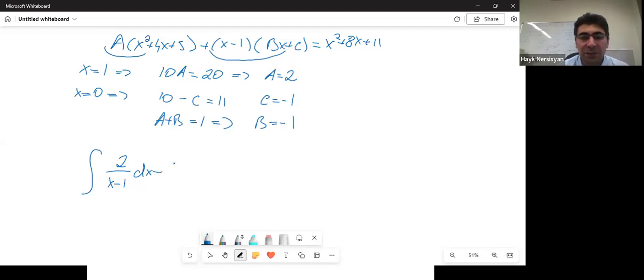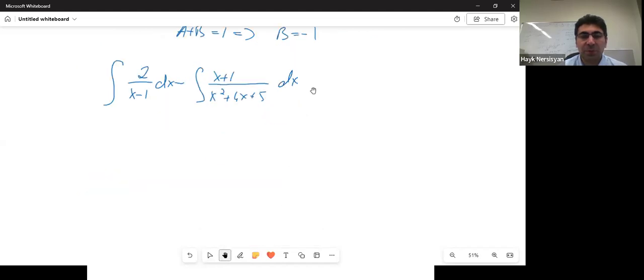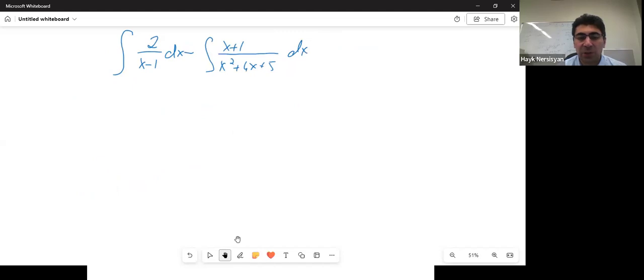Second integral is bx plus c, so x plus 1 with minus sign, I put it minus up front, divided by x squared plus 4x plus 5 dx. So we should calculate these two integrals. I would begin with the second one. The first one, I will leave you an exercise. How one can integrate x plus 1 divided by x squared plus 4x plus 5.